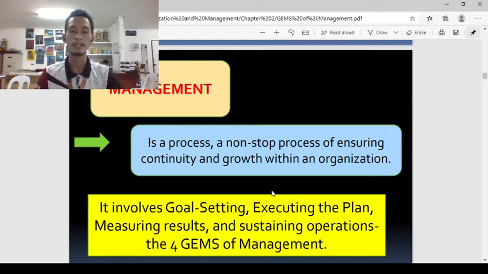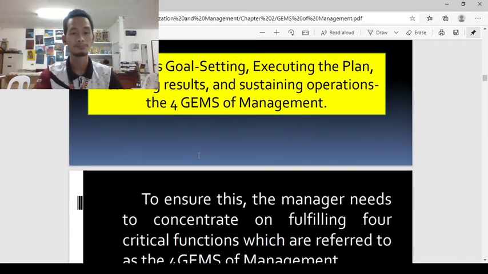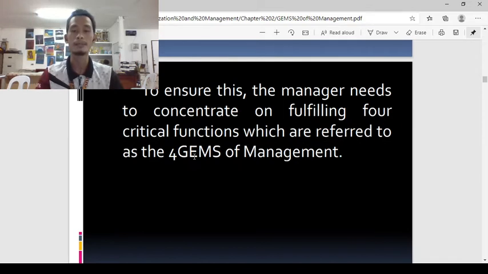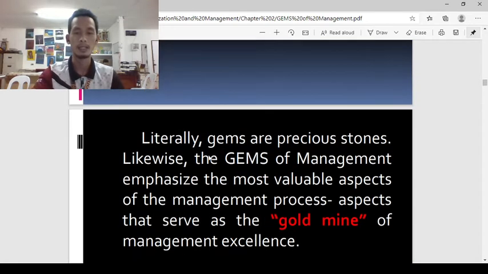And it's very important that the organization can sustain the operation to ensure continuity and growth of an organization. To ensure this, the manager needs to concentrate on fulfilling four critical functions, which are referred to as the four GEMS of management.